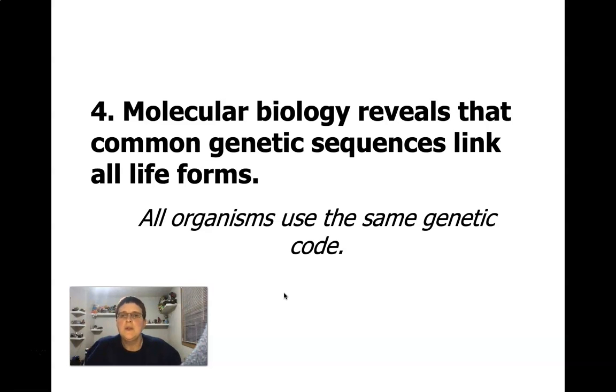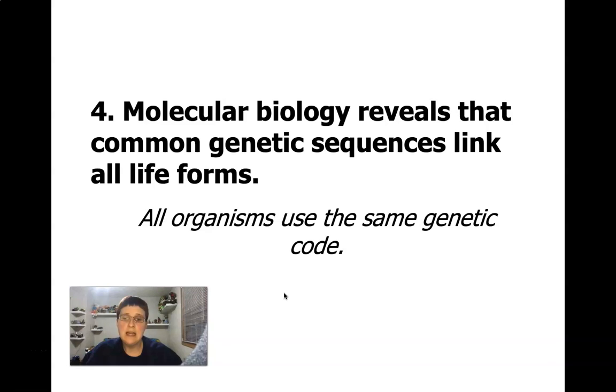Okay, so the next section is on molecular biology. So these are different things related to our DNA, our genetic code, showing common genetic sequences linking life on this planet. The first part of molecular biology that shows a strong link for the theory of evolution is that all organisms use the same genetic code, meaning that all organisms write their directions.